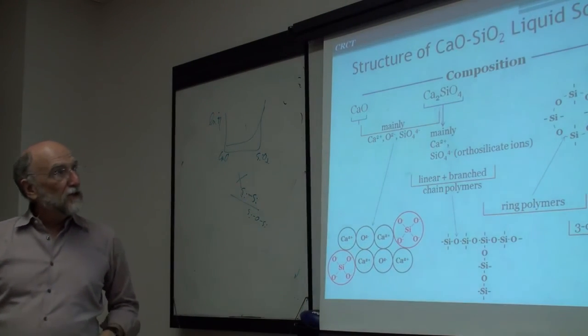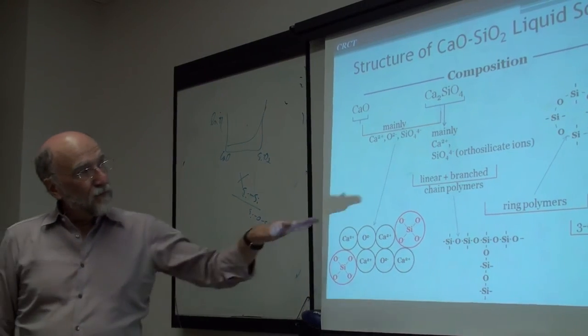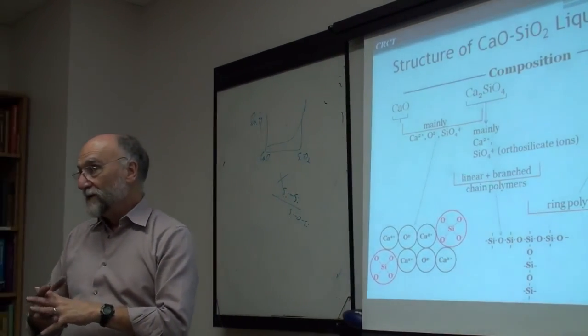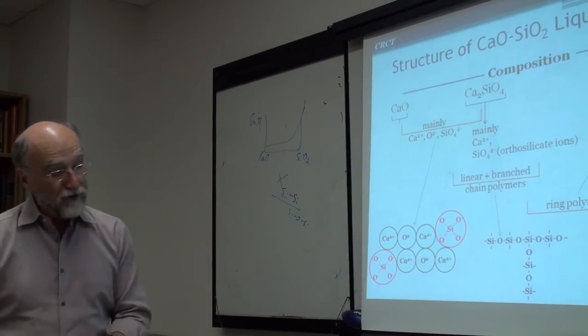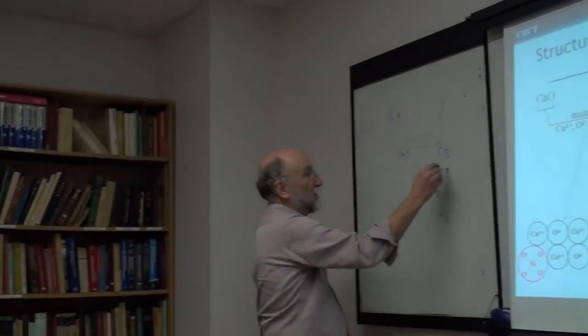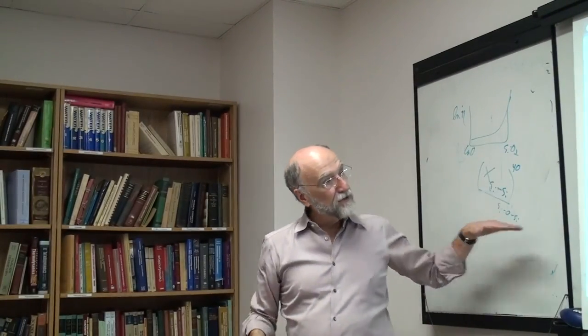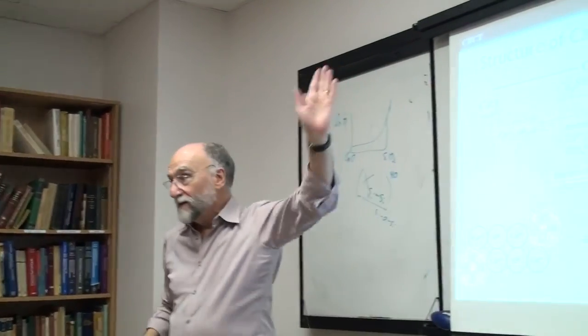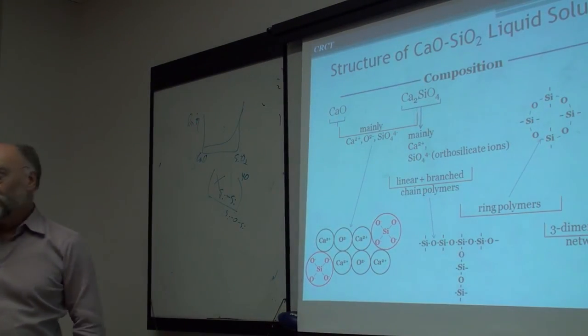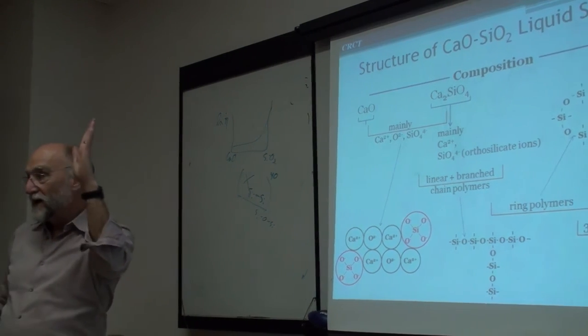What we did is take one kind of clump: the probability of having 40 silicons all joined together. I know there's all sorts of geometry with that, but it doesn't matter. We simply took X silicon to the 40th from the quasi-chemical model, and we found that corresponds very nicely with the viscosity rise.